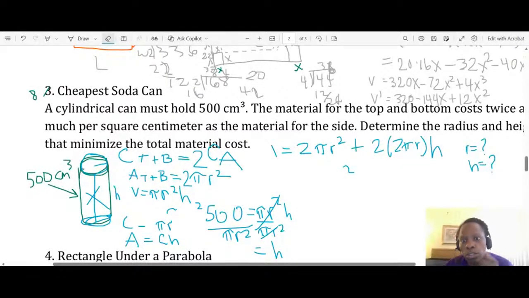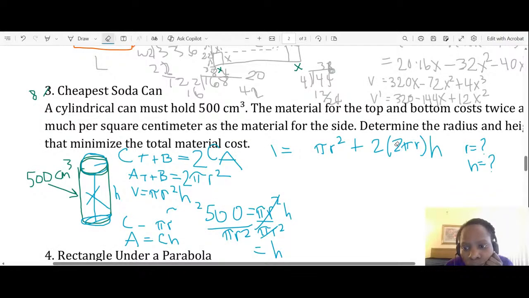2 pi r h, 4 pi r squared. So it's going to be 2 times the pi r squared. Let's make it look better.